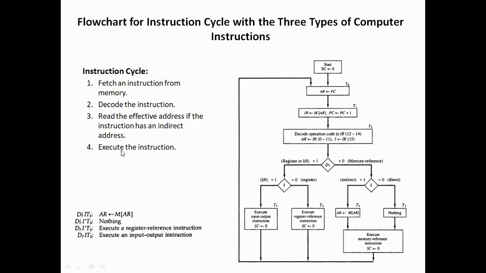Then we will directly execute the instruction. So the execution here also will be at T3, right? And this is the complete flow chart depicting an instruction cycle, considering all three types of instructions.